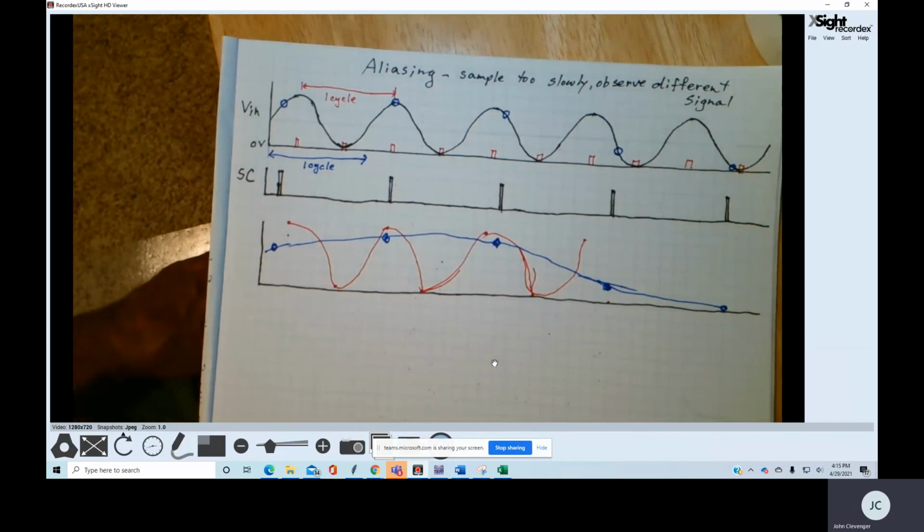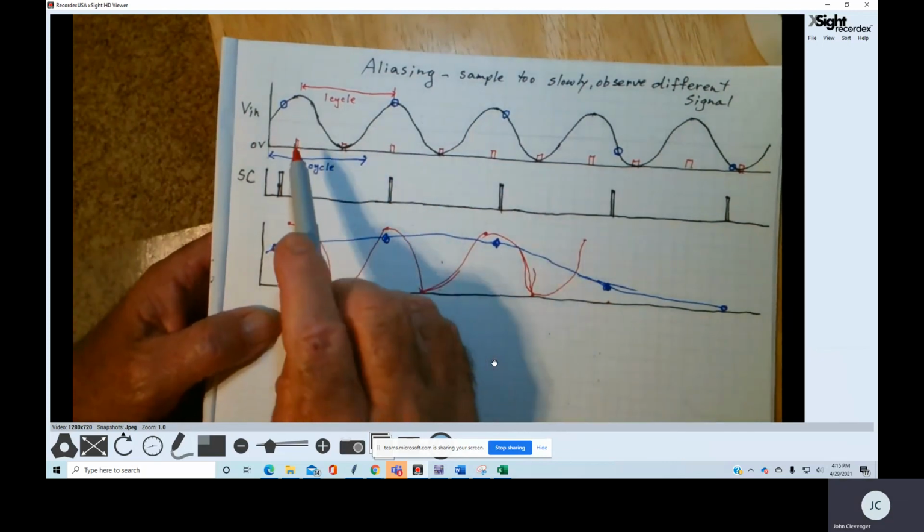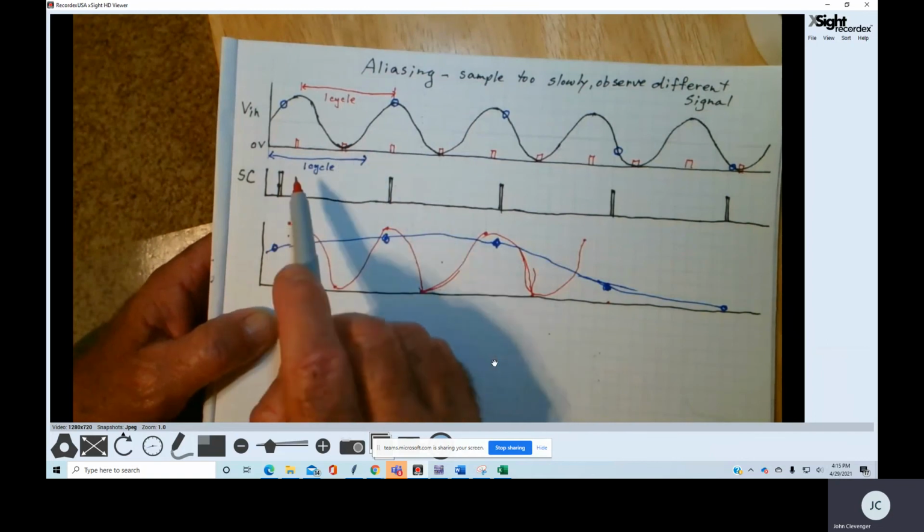Now, again, the Nyquist criteria gives me the minimum frequency. Don't confuse that with the optimal frequency, because to truly recreate this waveform in a digital fashion, we would have to sample it much more often than twice every cycle.